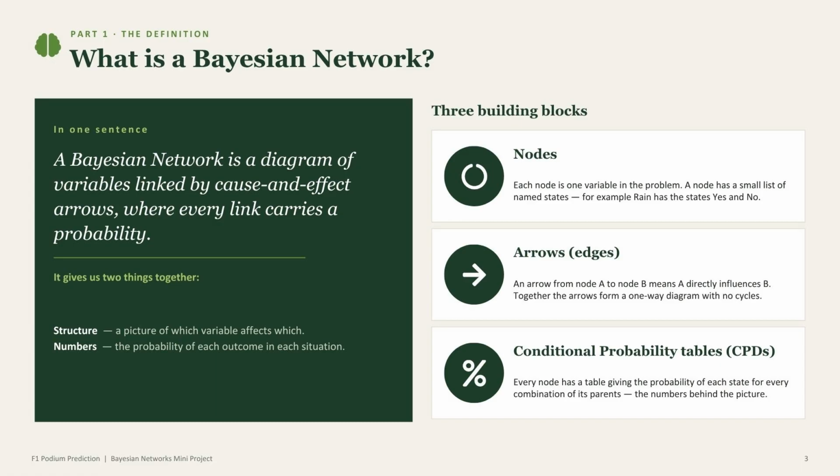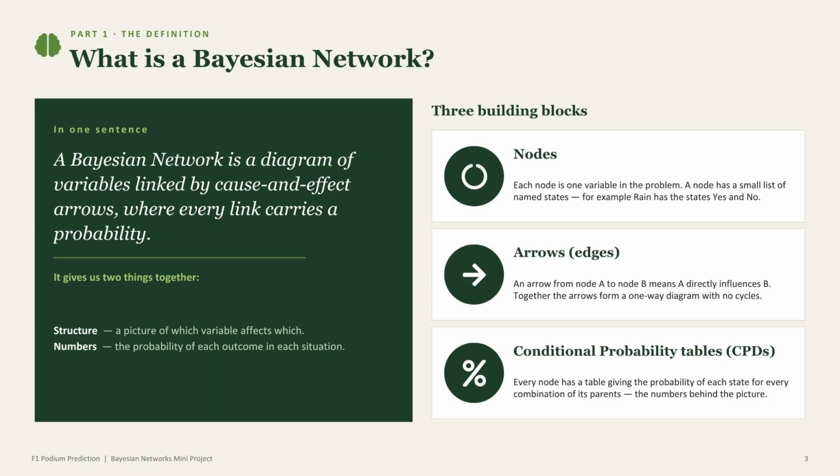So Bayesian networks have two things, which are structure and numbers. The structure is the picture of how variables connect to each other, and the numbers are the probability of each node inside each situation.